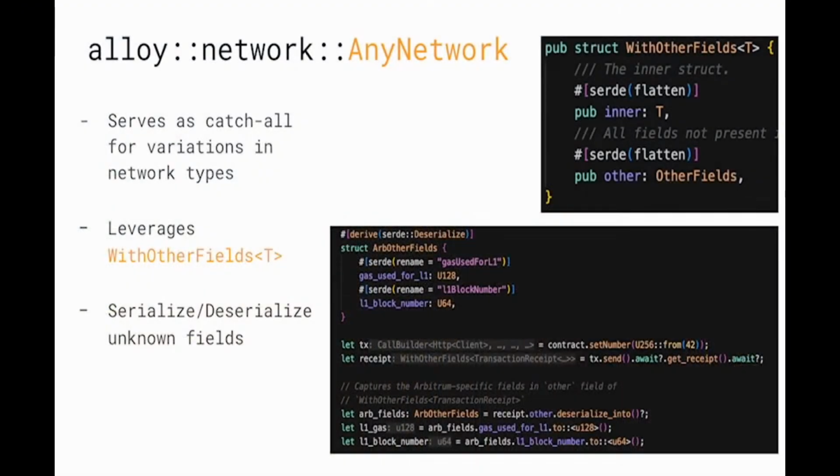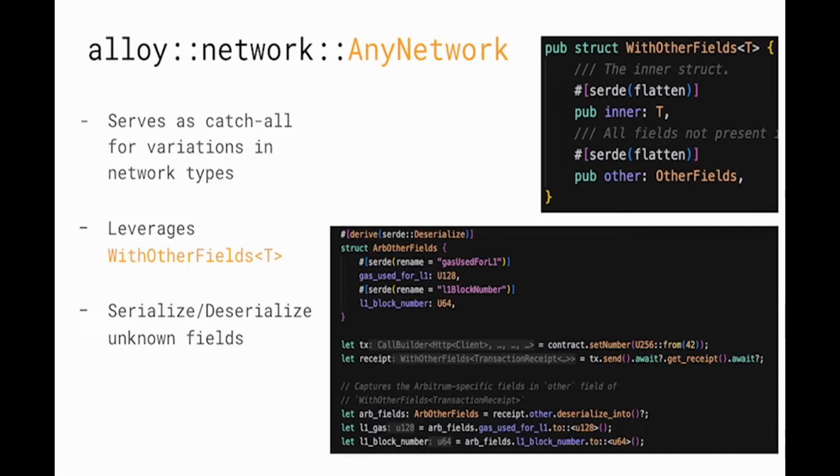But in case you don't want to write your own network implementation and you're not familiar with the network, but you still want to get started developing, you can use the Any network type, which we already have in Alloy network. It serves as a catch-all for all network variations, and it will consume all the extra fields that Optimism, Arbitrum, or any other network has, serde flatten it and put it into the other field.